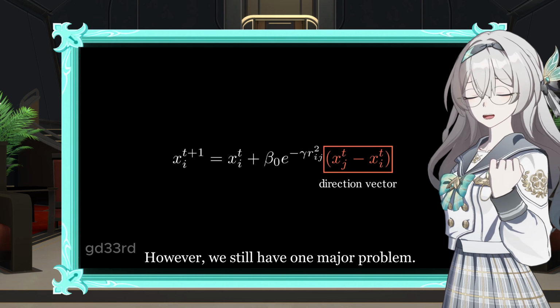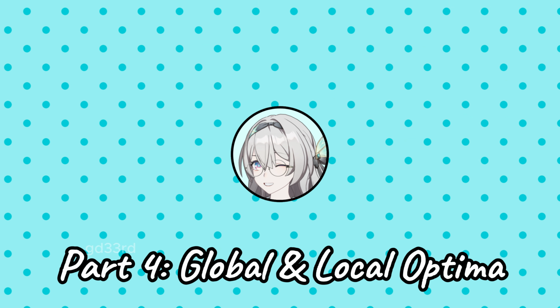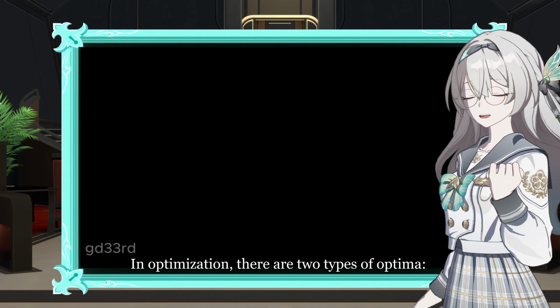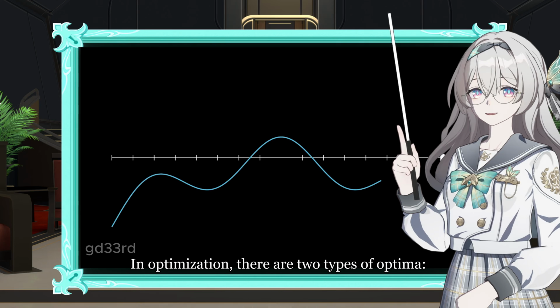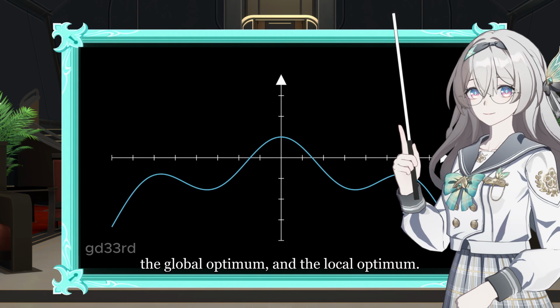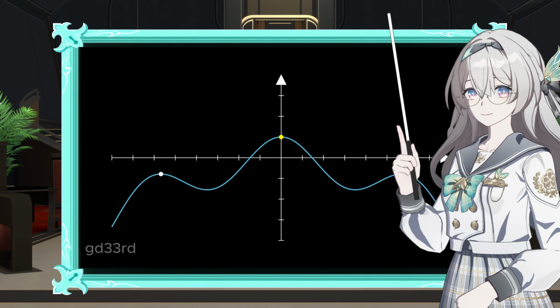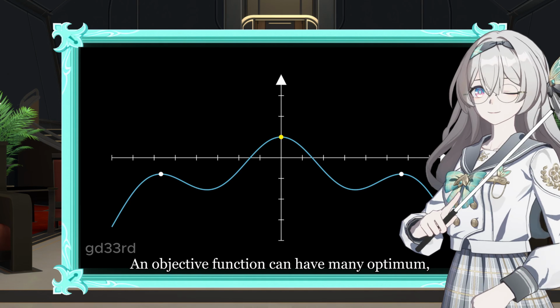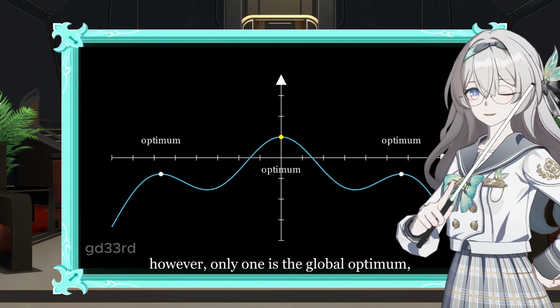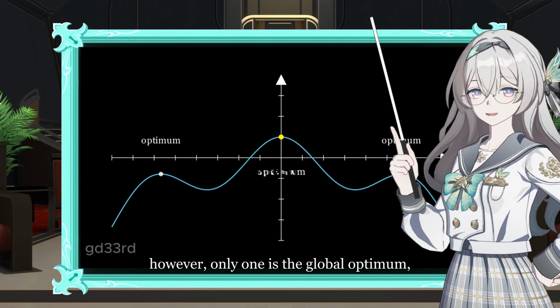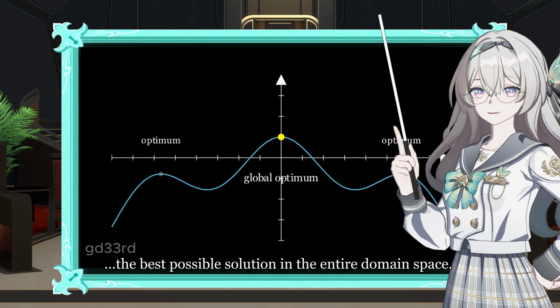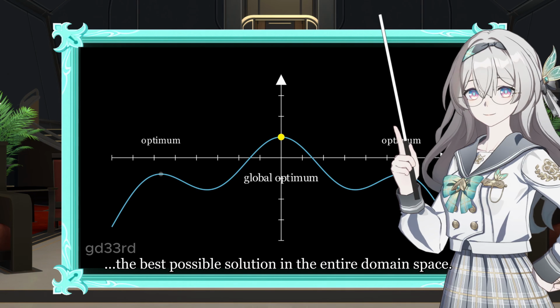However, we still have one major problem. In optimization, there are two types of optima, the global optimum and the local optimum. An objective function can have many optima. However, only one is the global optimum, the best possible solution in the entire domain space.